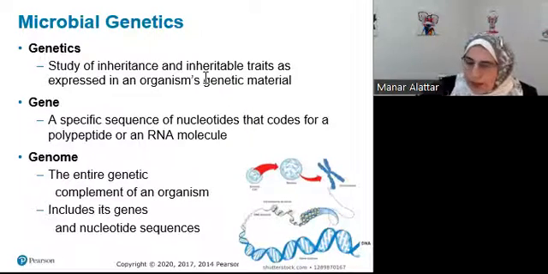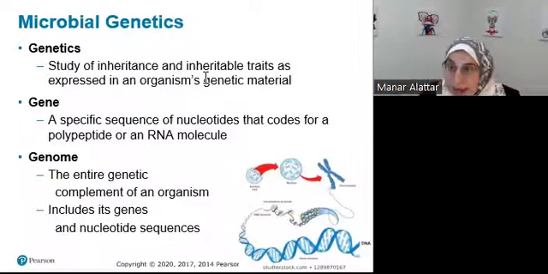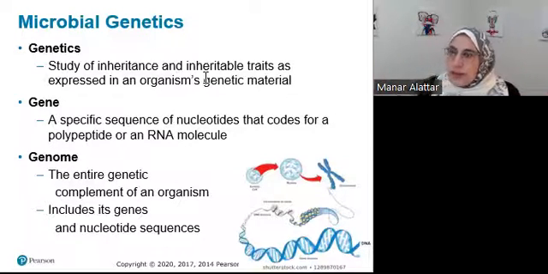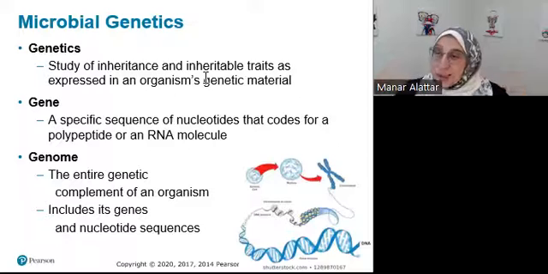When we're talking about DNA, it's a long molecule made up of base pairs, but the functional unit is actually a series of base pairs, and you'll see what a base pair looks like soon, that make up a gene. And that gene is the sequence of information that's actually expressed.